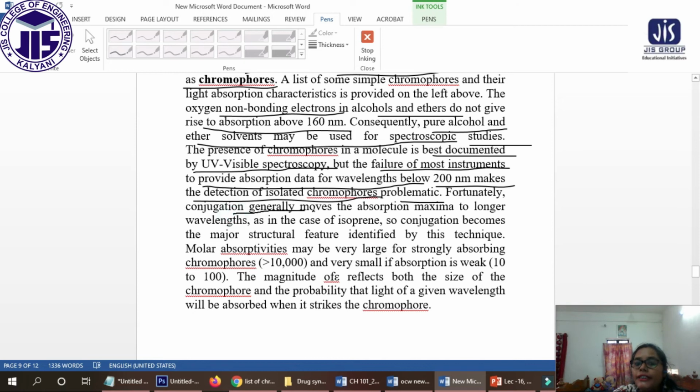Fortunately, conjugation generally moves the absorption maxima to longer wavelength. If we have a conjugated system in our molecule, the excited state is much more stabilized by that conjugated double or triple bond system, so the wavelength of that transition changes.